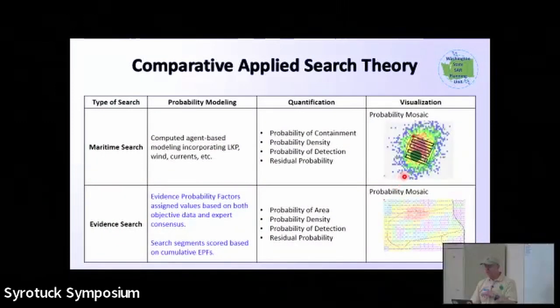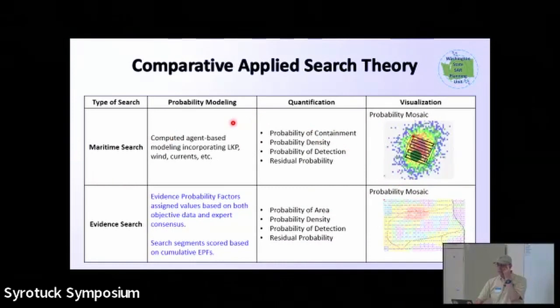Lastly, or almost lastly, a comparison between our approach and the traditional maritime search approach. In both of those approaches, in the last two columns here, we derive a probability of area and probability density, and among other things, display those as a probability mosaic with a uniform grid.